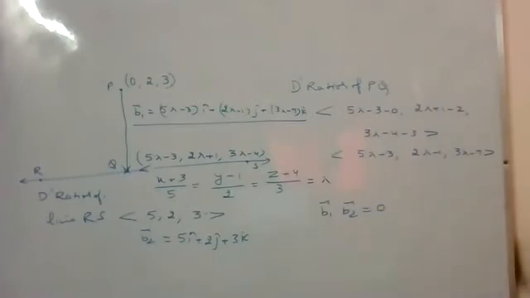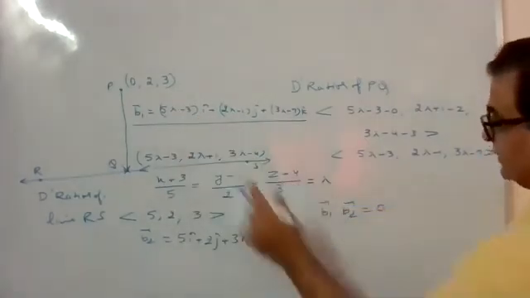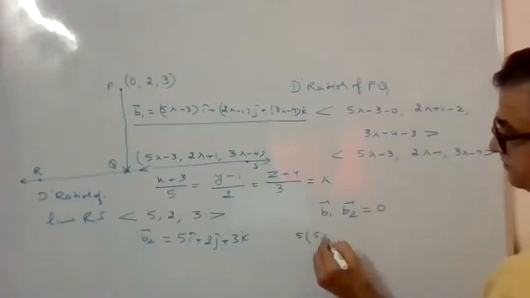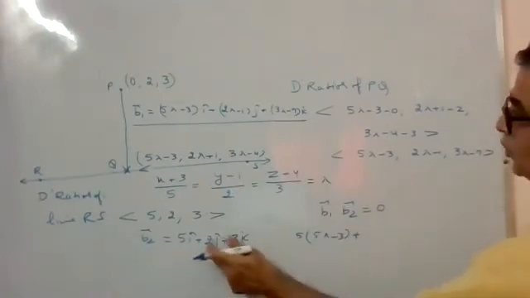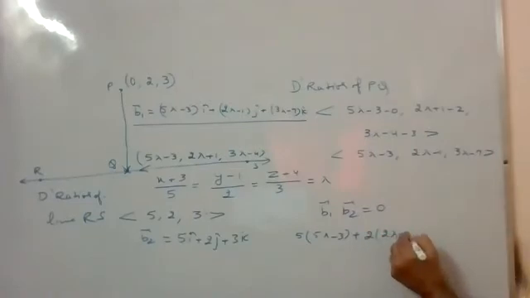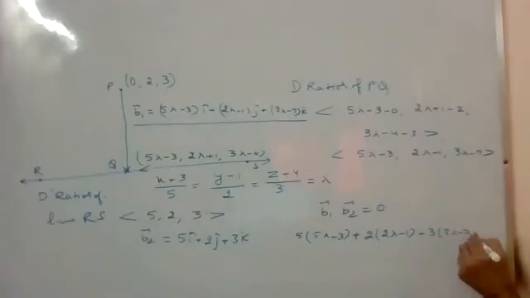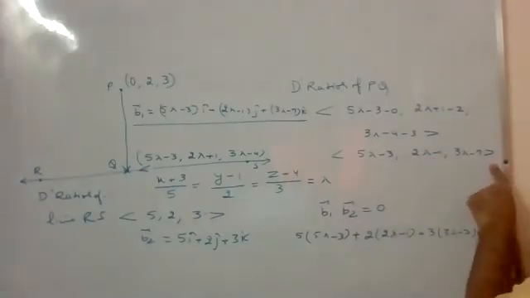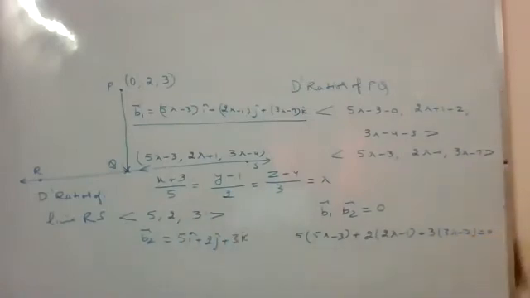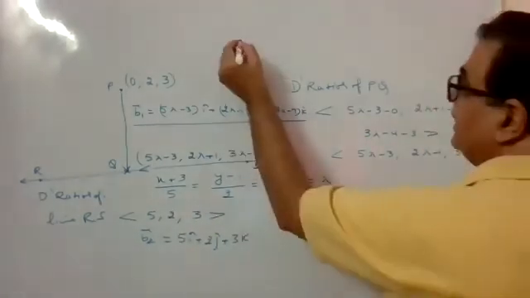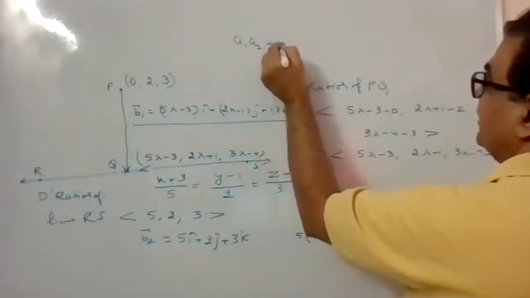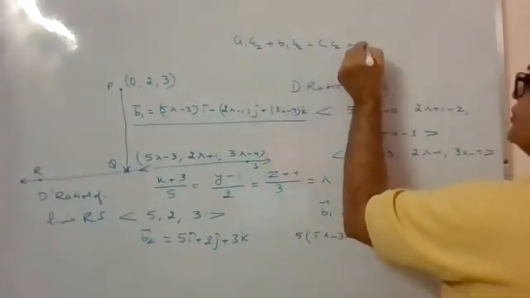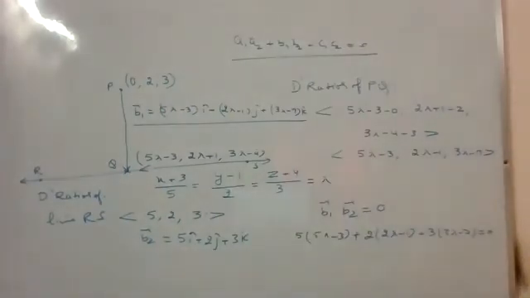And what does v1 dot v2 being 0 mean? 5 into (5 lambda minus 3) plus 2 into (2 lambda minus 1) plus 3 times (3 lambda minus 7) equals 0. You can also directly use direction ratios: if a1 b1 c1 and a2 b2 c2 are the direction ratios of perpendicular lines, then a1 a2 plus b1 b2 plus c1 c2 is 0, because their dot product gives this value.